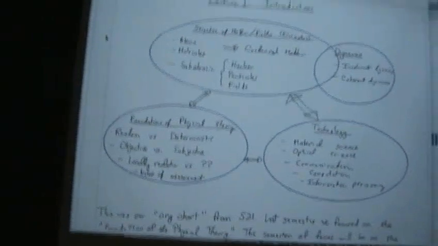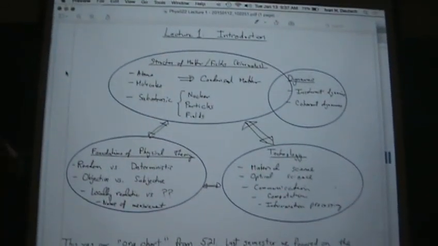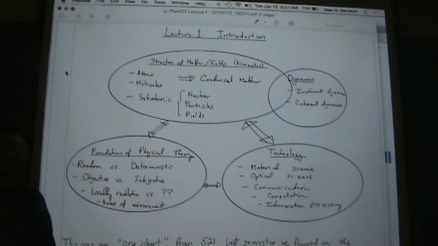But in the first class of last semester, I kind of set out how I see, to some degree, what quantum mechanics is about. It's about a lot of different things. And there are different focuses that you will see in different courses, and different scientists are thinking about different pieces of this puzzle.